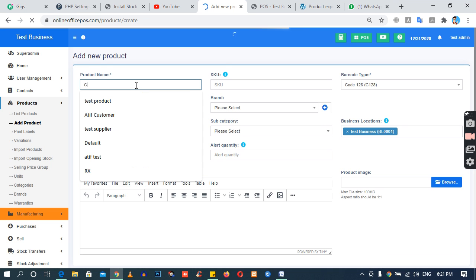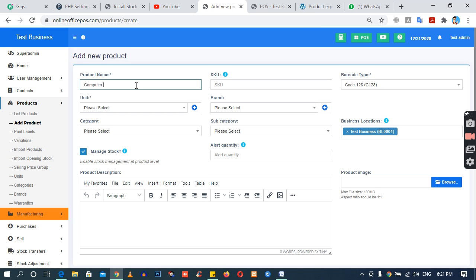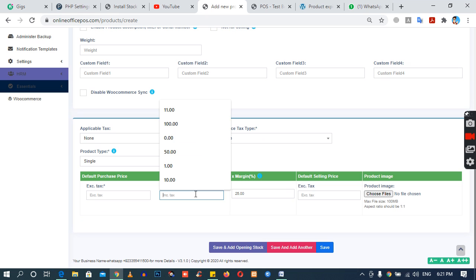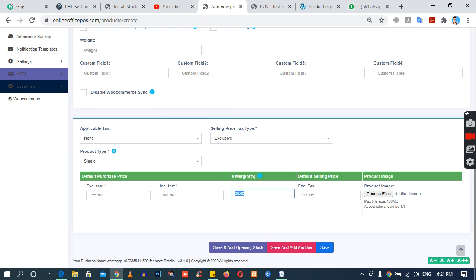The product name is ready computer, for example, unit is piece. I'm not considering a purchase price, I'm just considering a sale price. I'm selling the item at 2500, for example. Okay, so there is no stock of this item.